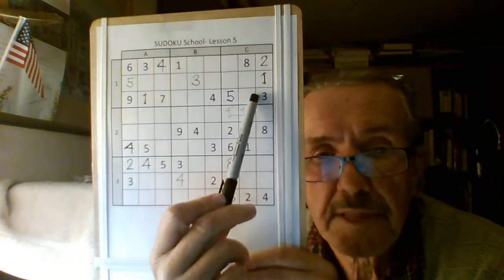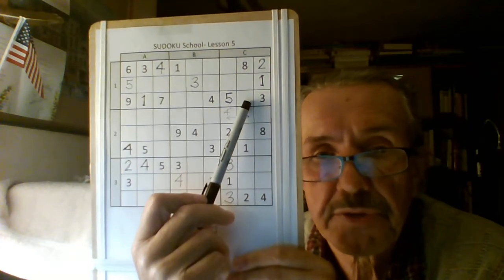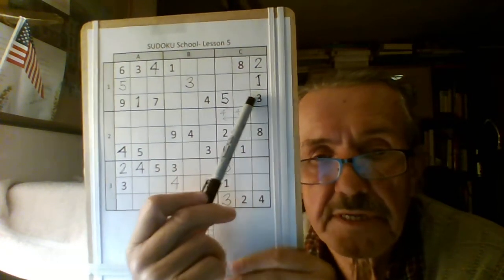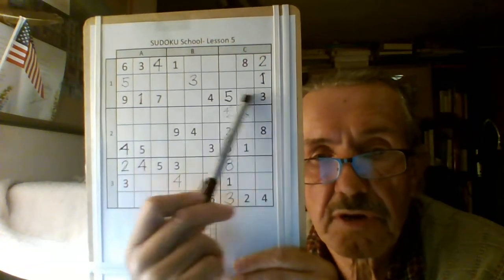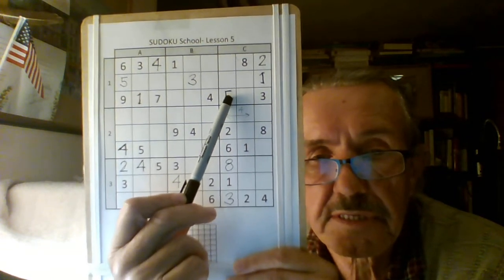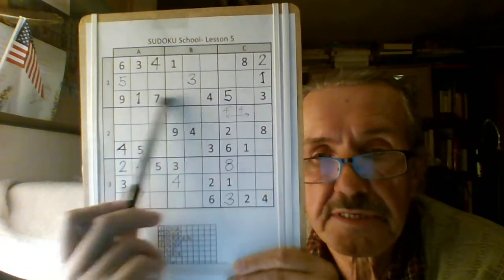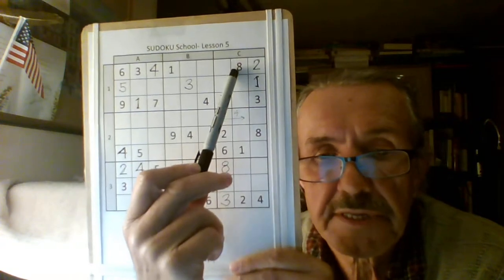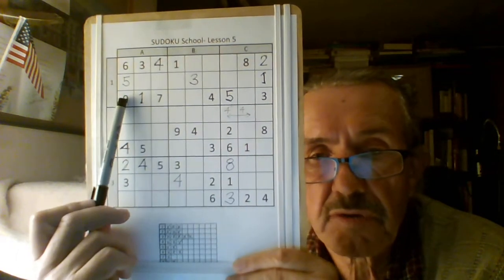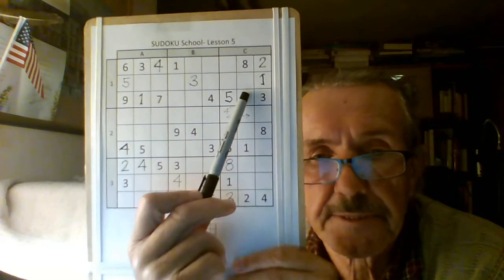As you see, number 1 already exists in this square, number 2 already exists in this square, number 3 already exists in this square, number 4 already exists in this row, number 5 already exists in this square. This will be for number 6, because number 7 already exists in this row, number 8 already exists in this square, and number 9 already exists in this row. So this available space in square C1 is for number 6.